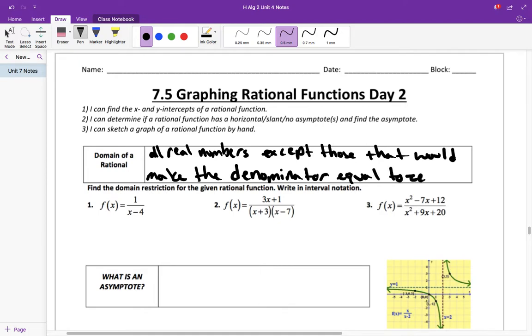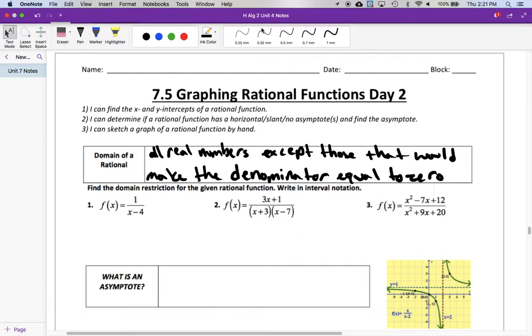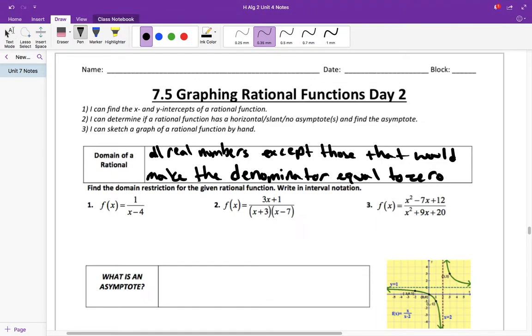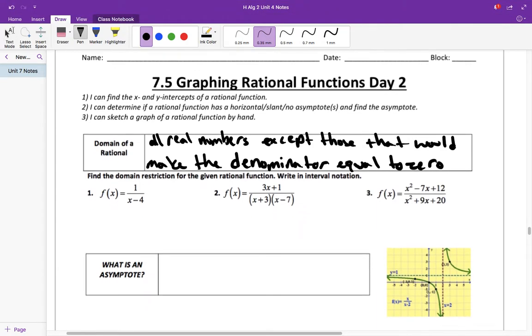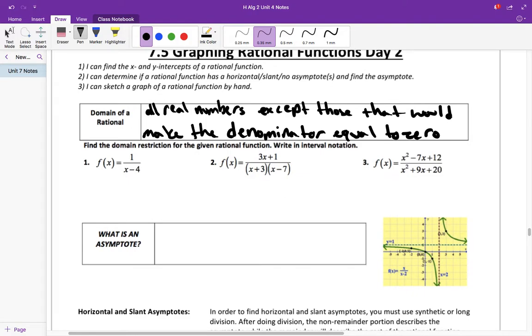So in essence, your domain of a rational function is related to its domain restrictions. It's another way to think about that. As we look at that, we'll do a few examples here about finding the domain restriction, and then using that domain restriction to write interval notation.